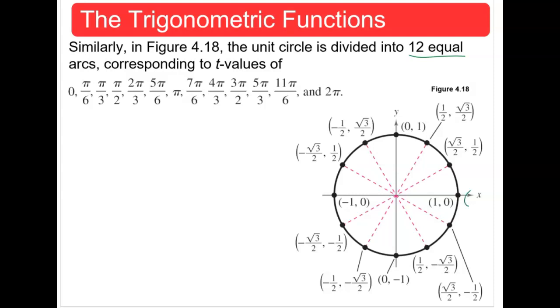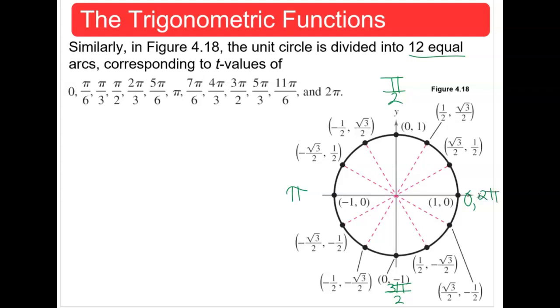So it will be 0 radians or degrees. This will be pi over 2 radians or 90 degrees. Here we have pi radians or 180 degrees. And here we will have 3 pi over 2 radians or 270 degrees. And then if we go one full turn, this will turn into 2 pi.